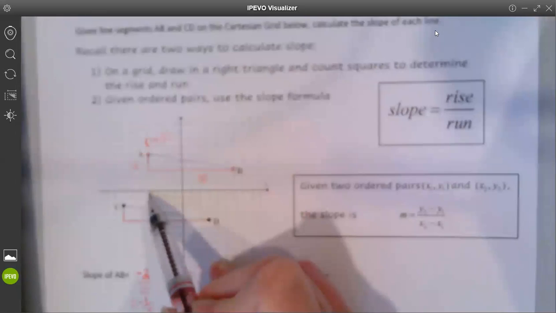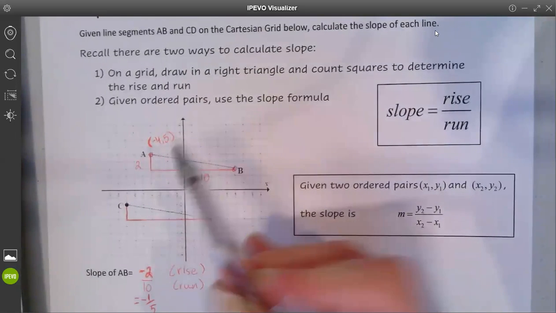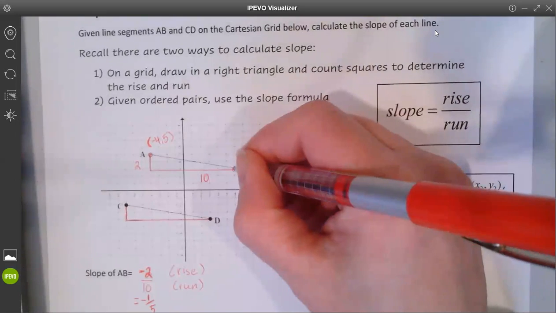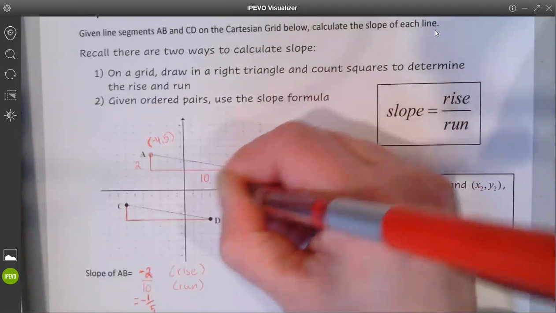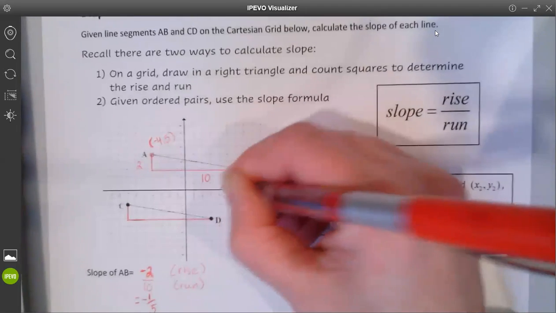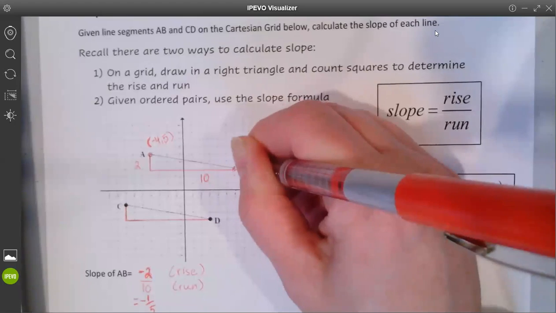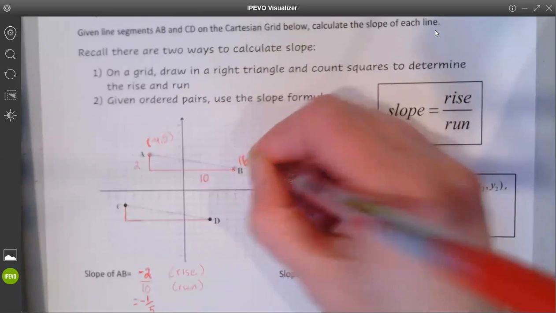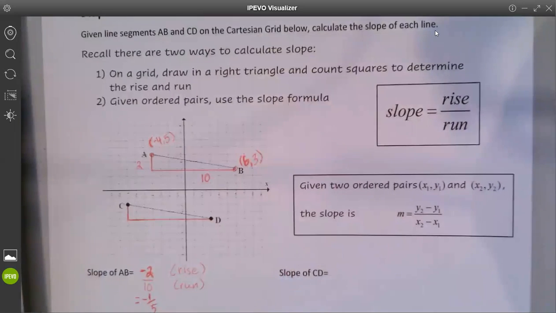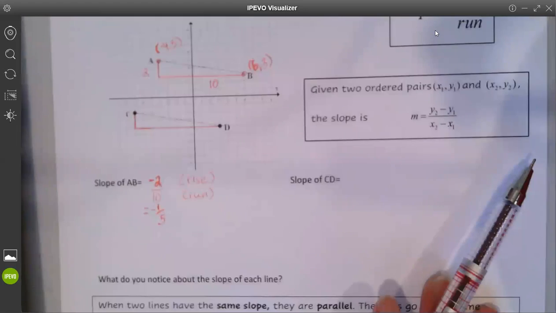So I've got -4 on the x-axis, and I had to go over 5 on the positive y-axis. The coordinates of B are 5. Okay. I went over 1, 2, 3, 4, 5. Oh, sorry, it's 6. It's 6, comma, and I had to go up 1, 2, 3. So it's 6, 3. So now if I use the coordinates and the slope formula, I'm going to write this underneath.